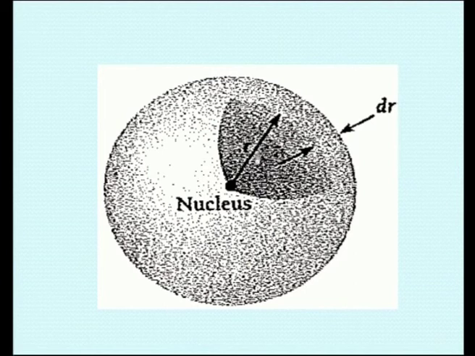One octant means 1/8 of the total spherical volume. Up to this the radius of the sphere is r, after this the radius of the sphere is r plus dr. In between this region, how many electrons are present? What is the probability of finding the electrons in this region between r and r plus dr? That is what we are going to see in this topic.